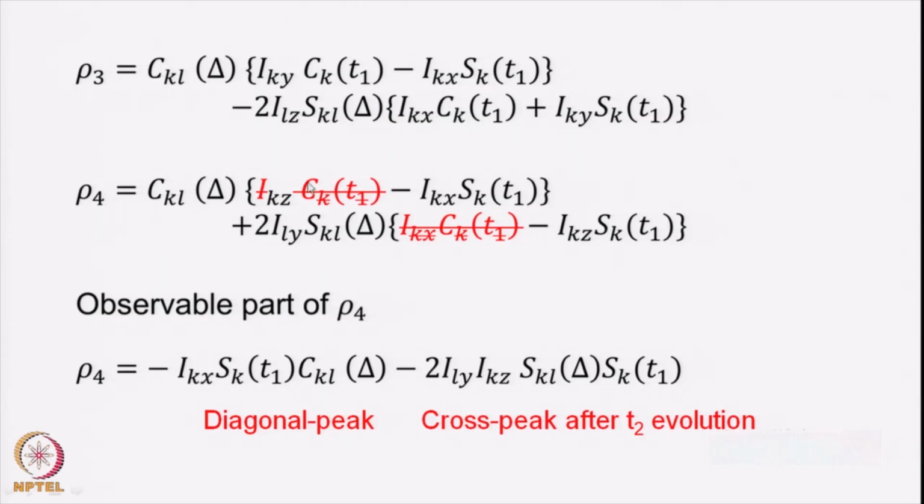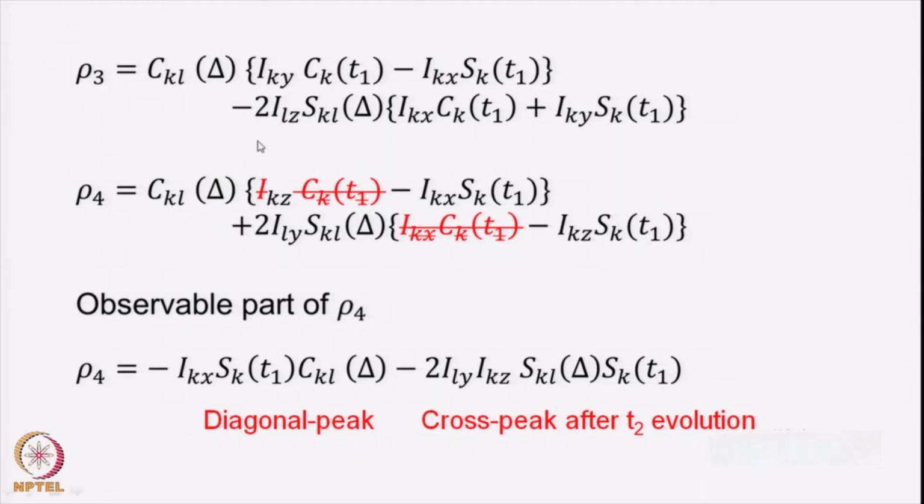Now at this point we have Z magnetization here, and this one is actually double quantum and zero quantum coherence, because it has the 2ILY IKX term. These are not directly observable.